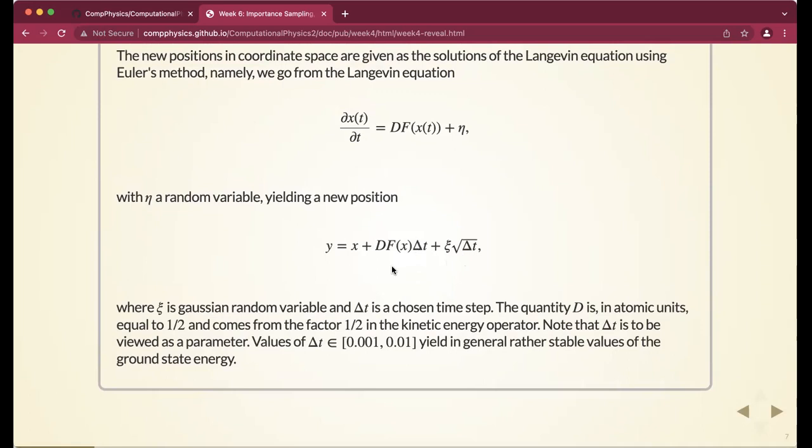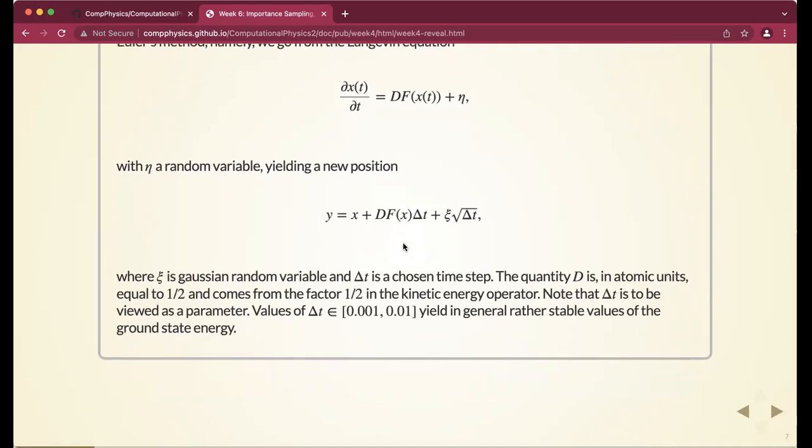So you're just solving it using Euler's method. So you would have x plus this term here, and then plus some noise. And this becomes a parameter which we need to fix in the calculations. And typically, the values for delta t are between 10 to the minus 3 and 10 to the minus 2. So how far your random walker jumps depends now on this time here.